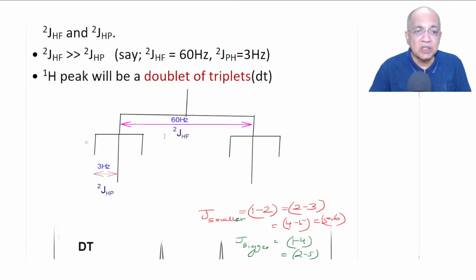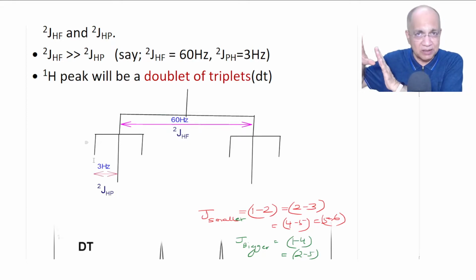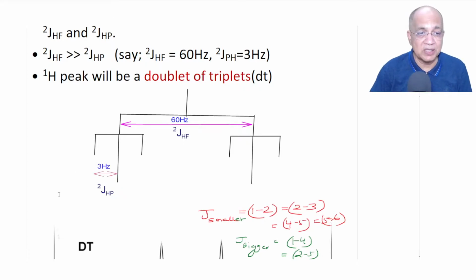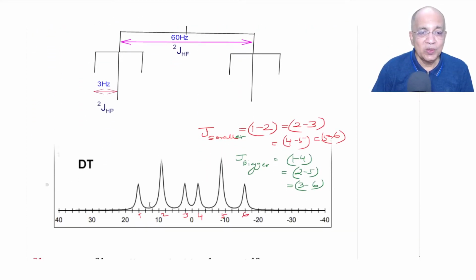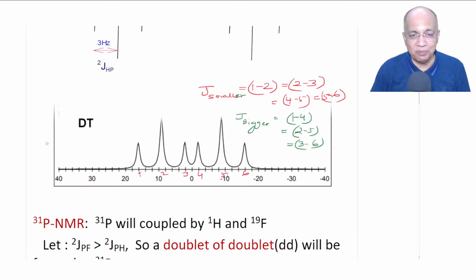So the first one is the doublet, which has the larger coupling constant, and the triplet has the smaller coupling constant, so that will come later, with S, plural. So it is doublet of triplets, DT, right? Now, this is the pattern that is to be found in the spectrum.